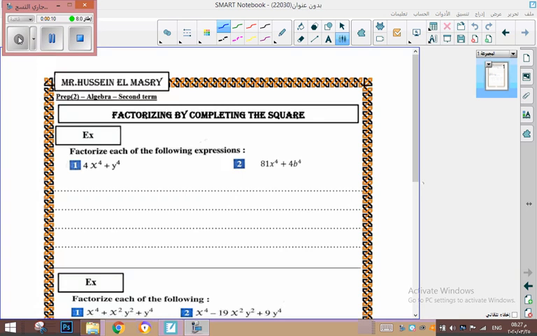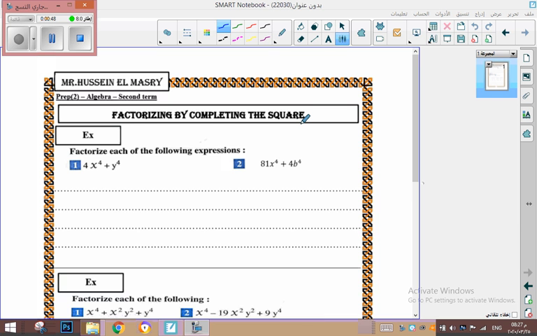Our lesson today is factorizing by completing the square. The question is, when do we need to use this method? Actually, we need to use this method to factorize an expression that consists of at least two terms, each of them a perfect square, and the power of the symbol in each of these two terms, if it exists, is 4 or its multiples, and the sign between them is positive.